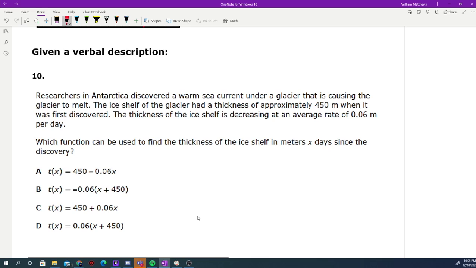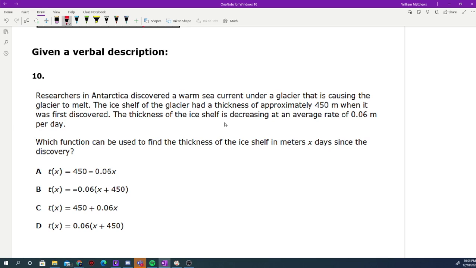The last and final problem for this video. If y'all are still watching this video, kudos to y'all. Y'all almost done. It says the researchers in Antarctica discovered a warm sea current under a glacier that is causing the glacier to melt. The ice shelf of the glacier had a thickness of approximately 450 meters when it was first discovered.